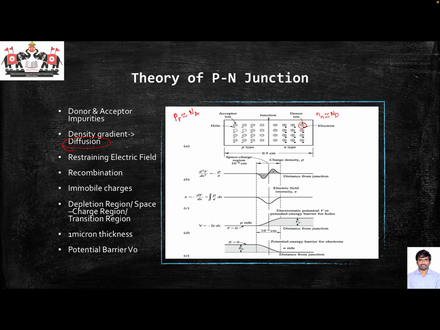So we shall see movement of holes from the p side to the n side and movement of electrons from the n side to the p side. This movement cannot continue forever, because there will be formation of an opposing electric field which is going to restrain this movement. We shall see how this electric field is formed.